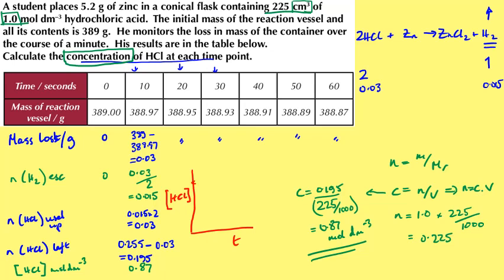So it would start quite high, and as the hydrochloric acid is used up in the reaction, it would decrease. It would decrease quite quickly to start with, and then as the reaction's finished, it would plateau off. And so you get a curve something like that, assuming that hydrochloric acid is in excess and you've used up all your zinc by the time the curve goes flat.